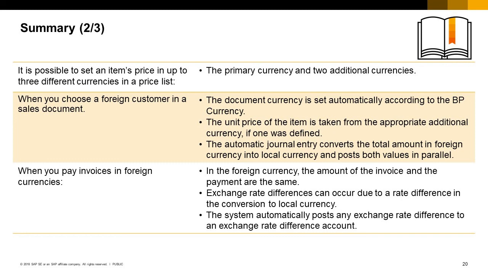When you pay invoices in foreign currencies, the amount of the invoice and the payment are the same in the foreign currency. Exchange rate differences can occur due to rate differences in the conversion to local currency. The system automatically posts any exchange rate difference to an exchange rate difference account.